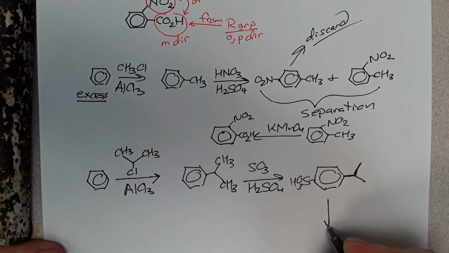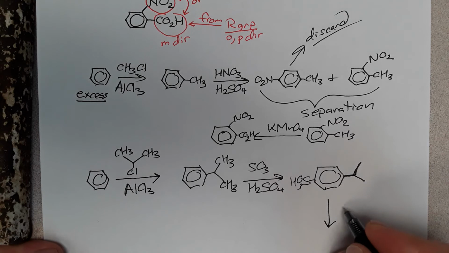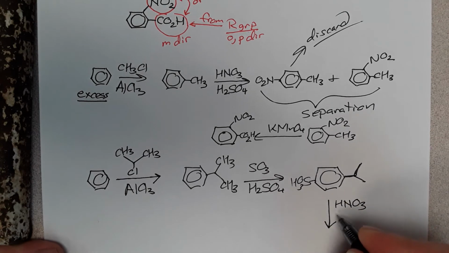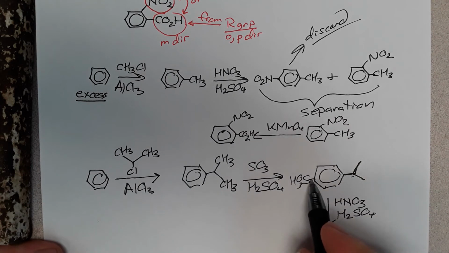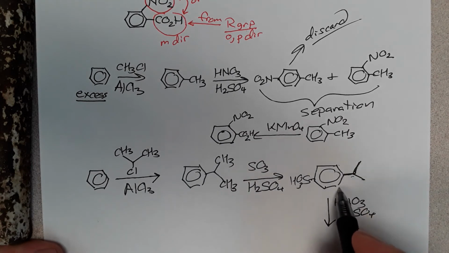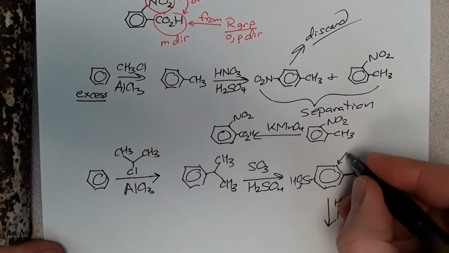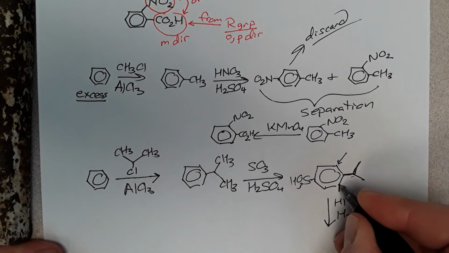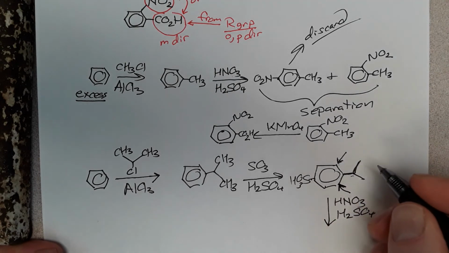Now if we add the nitro group that we wanted to add, it can't add to the para position. It's going to add slowly to the ortho positions. And let's stop and take a look at this a sec.